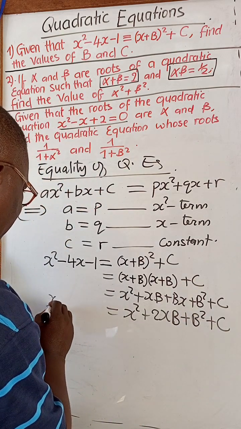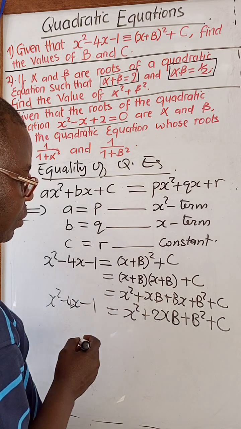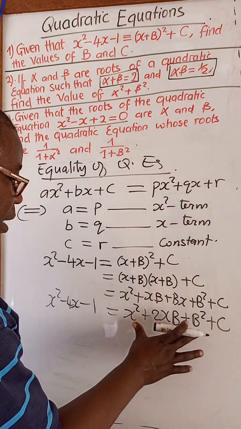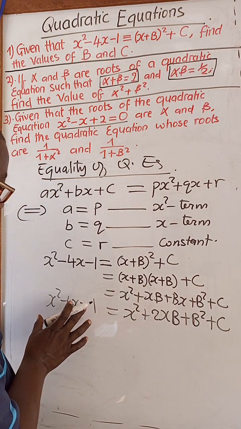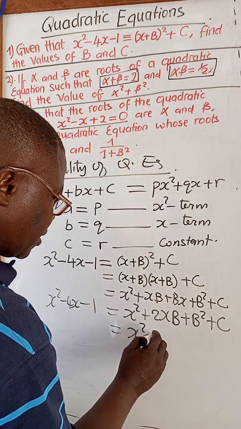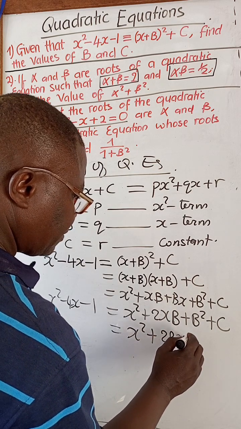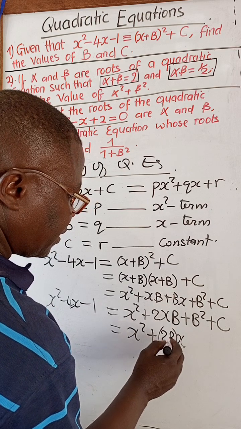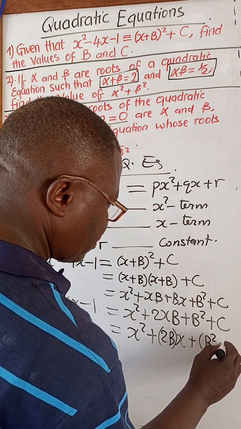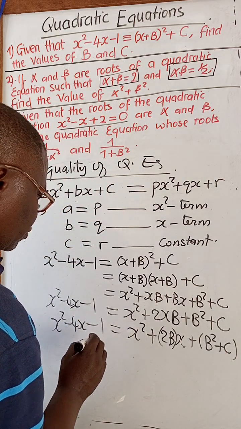So we are saying x squared minus 4x minus 1 is equal to x squared plus 2bx plus b squared plus c. Now let us arrange this to follow this arrangement here. So we have x squared plus 2bx. The coefficient of x here is 2b, and then plus our constant b squared plus c is equal to x squared minus 4x minus 1.